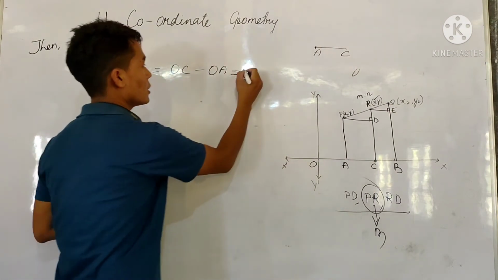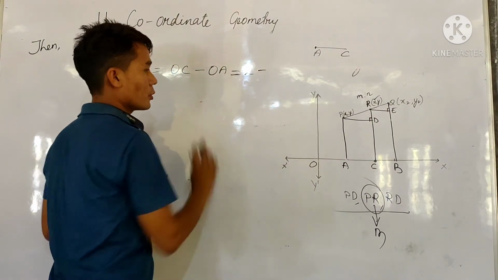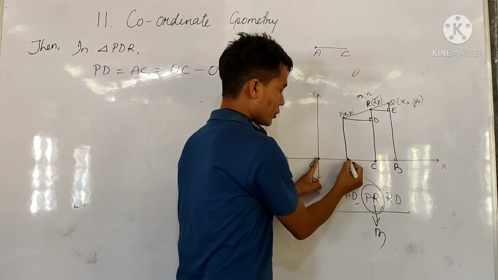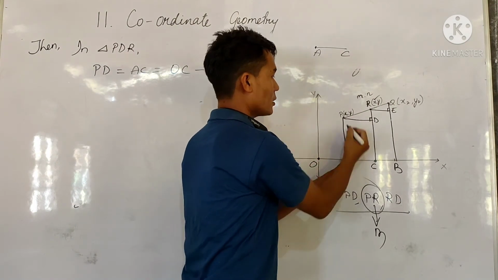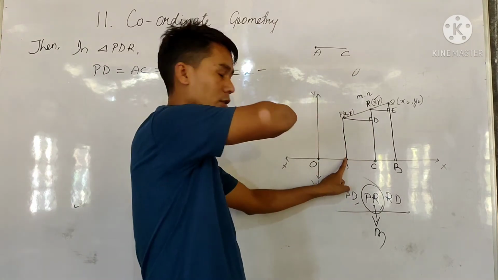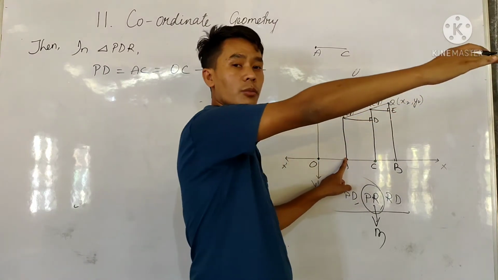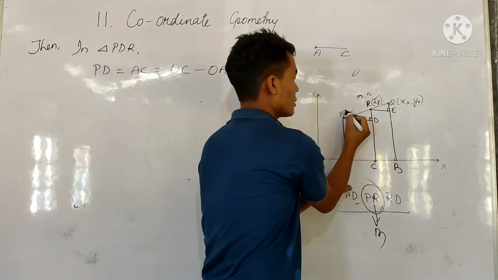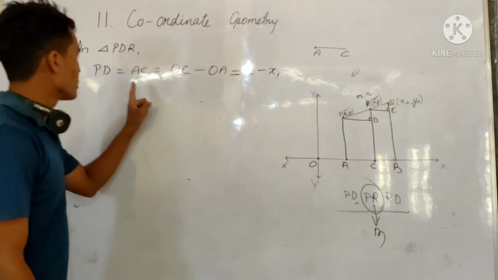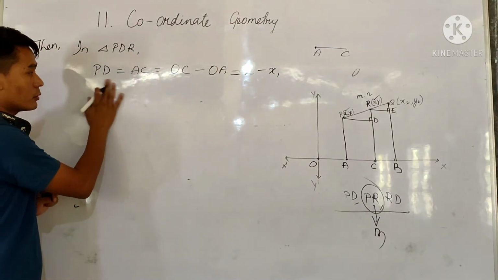So OC is x minus OA. OA, the coordinate of A, is (x, y), but since the line is moving horizontally along the x-axis, take x1. Similarly, we have to find the value of RD.